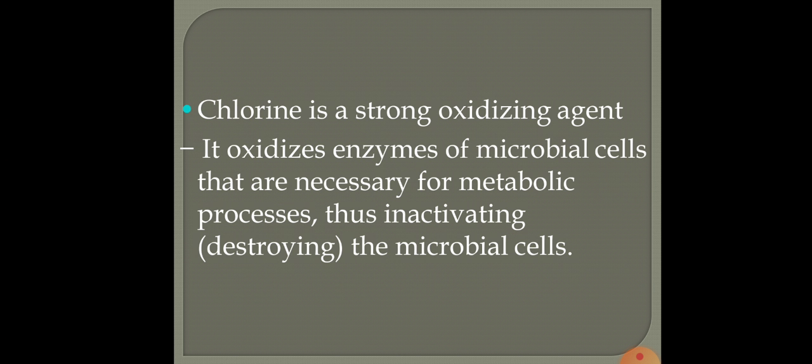Now coming to the exact theory or the action by which the chlorine kills the bacteria in water, there are so many theories which have been put forward, but among all the theories, the enzymatic hypothesis is the most accepted theory.